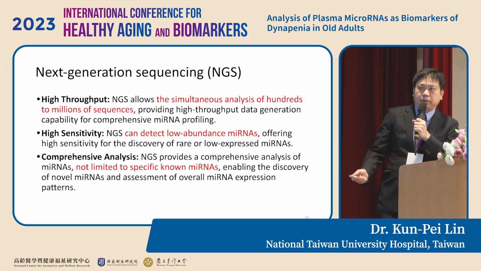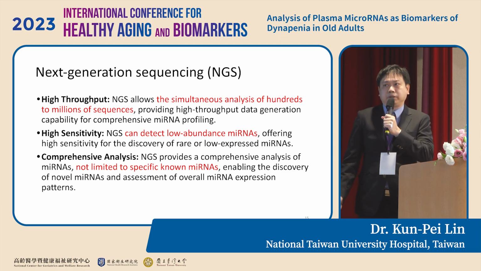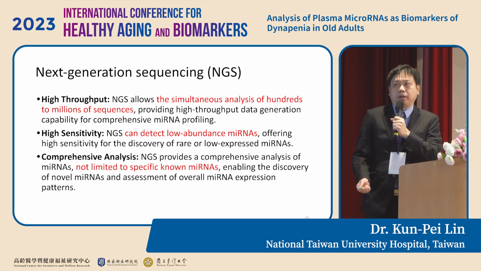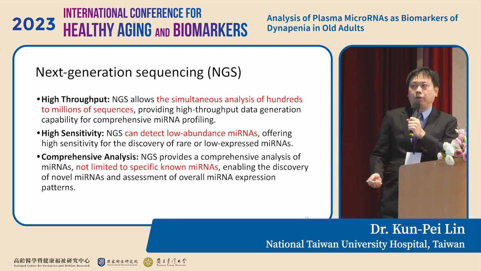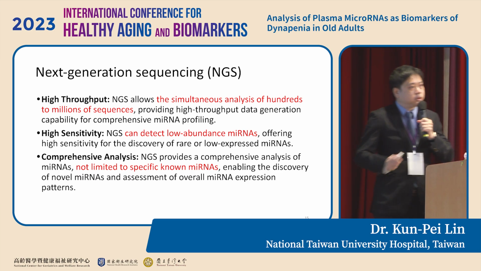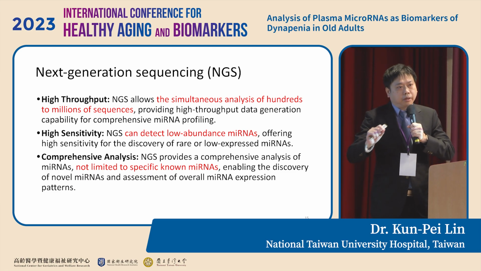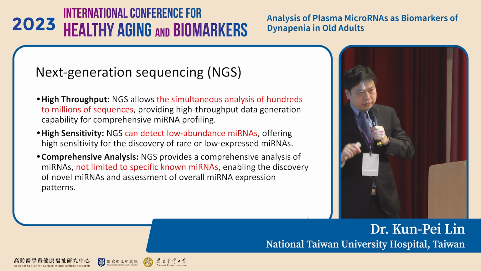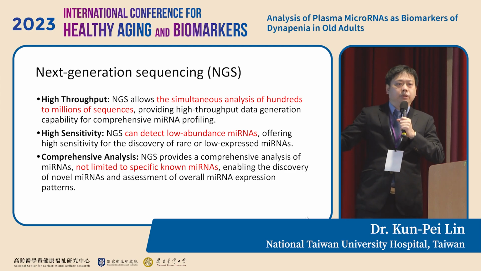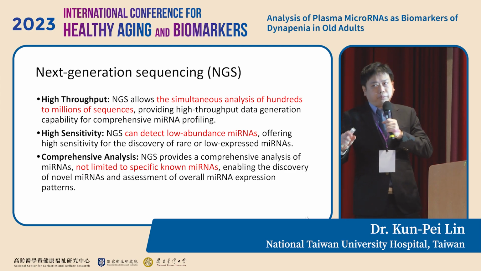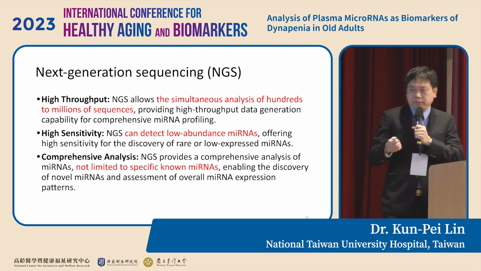NGS can detect low abundance microRNAs, offering high sensitivity for the discovery of rare or lowly expressed microRNAs. So if the microRNA is at a very low level, at the far right of the distribution, we can find it.